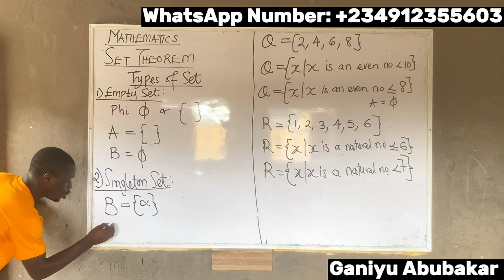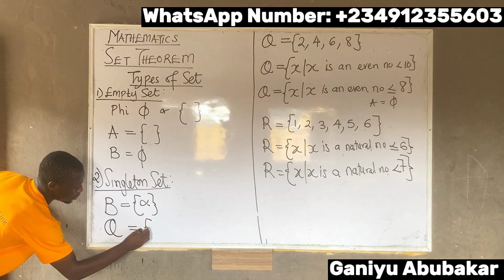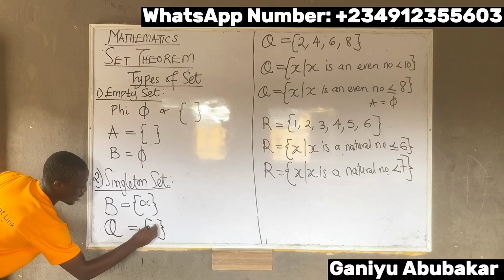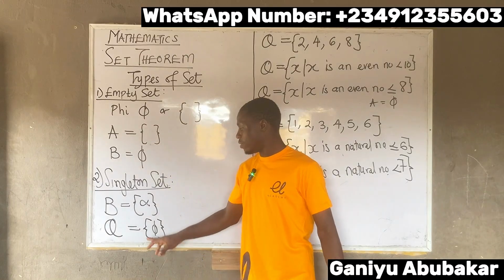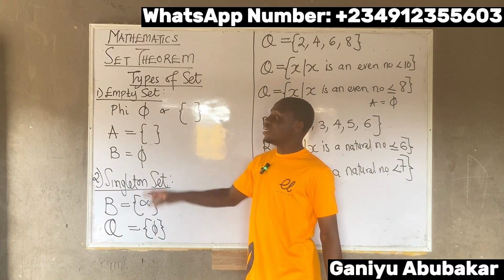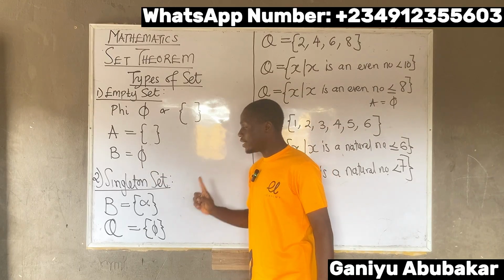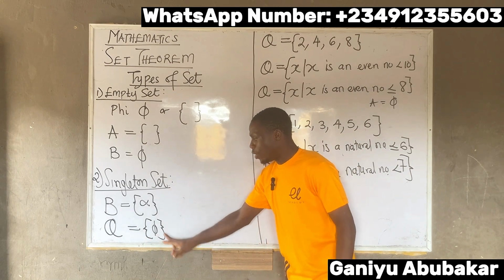By the way, question please. If I have a set Q equal to this, what do I call this one?